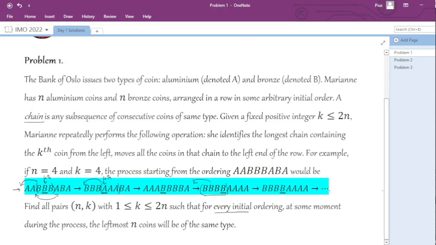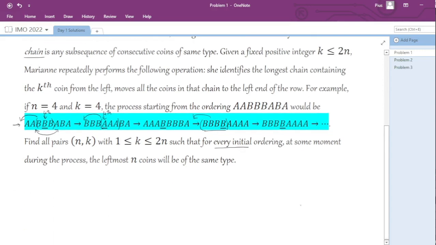Okay, so let's take a look at the solution. Now we are going to define Ci to be the number of longest chains in the ith arrangement.